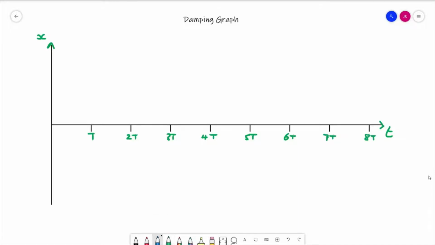Firstly then, I'm just going to draw our exponential decay in, something like that. So there then, at least either side of the axis is an exponential decay, and we call this the exponential envelope.